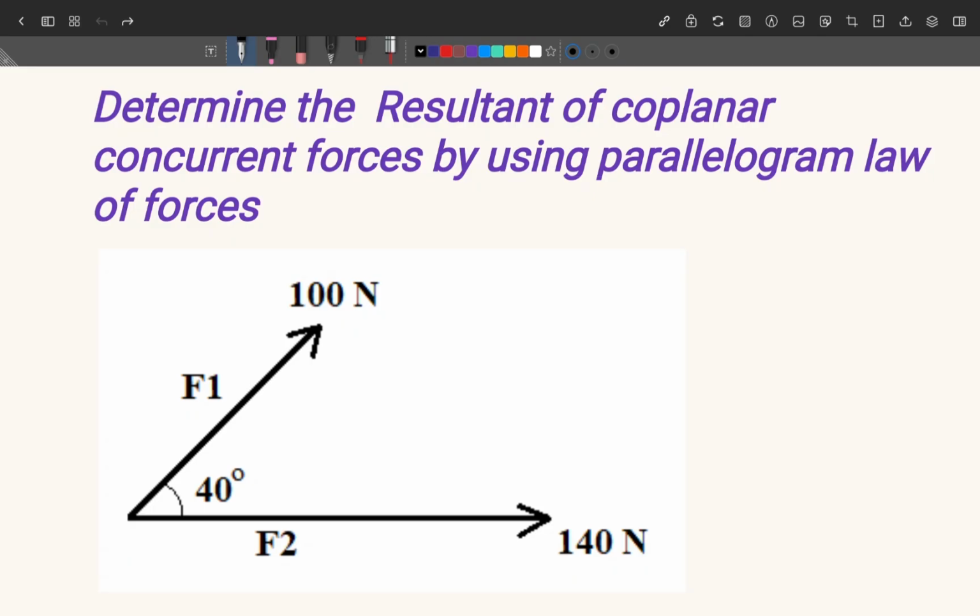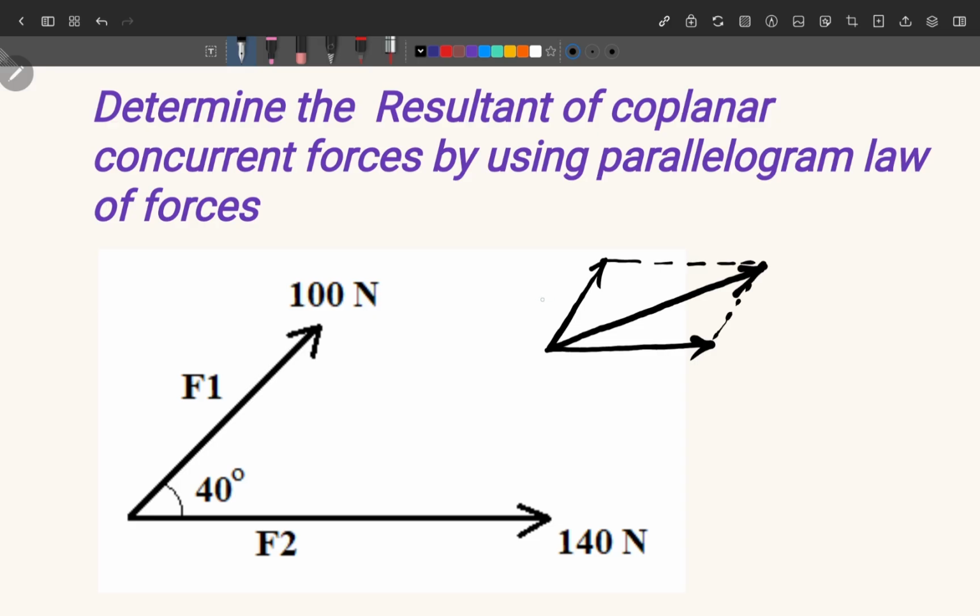This parallelogram law says that if we can represent two concurrent and coplanar forces by two adjacent sides of a parallelogram, then the resultant of these two forces will be represented by the diagonal.